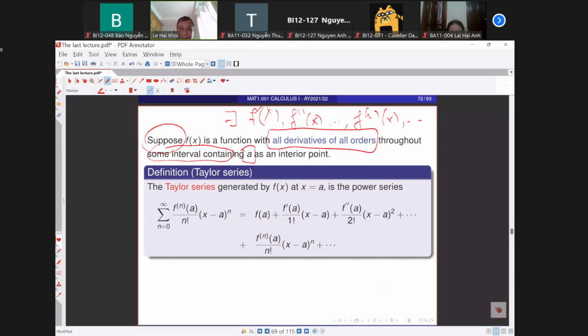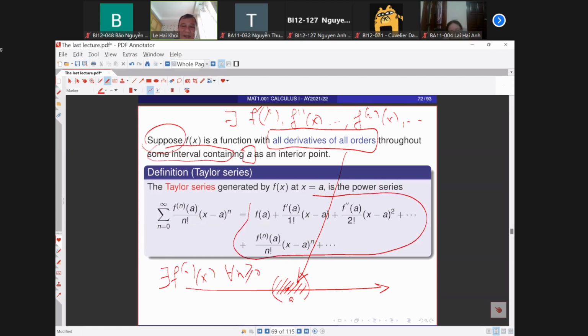That is, you have the real line, you have a point a, and you have some interval containing this point a on which all derivatives of f exist. Then, because f^(n)(x) exists for all n, you can form this series.